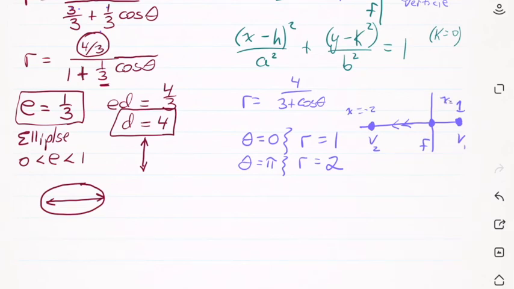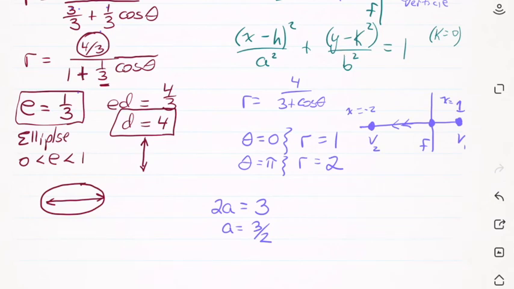So if these are the vertices of my ellipse, then that is the major axis. The major axis is also known as 2 times a. So here I have 2a equal to 3, and that gives me right away that a is equal to 3 halves. All right, that's kind of cool.